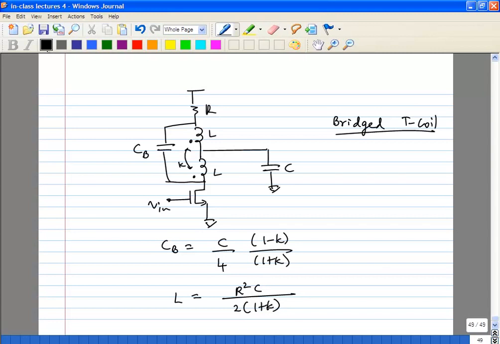So now you can again find out. These happen to be the most optimum cases for CB and L. But now with these optimum values, you can sweep K and find out what is the best. For a fixed K, you get maximum bandwidth, then you start varying K. It turns out K equals half gives you group delay.